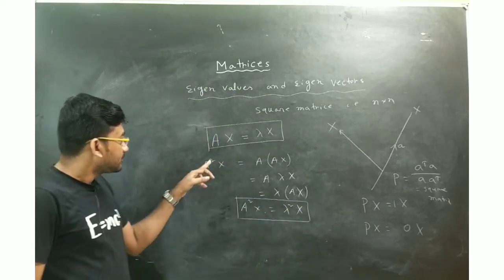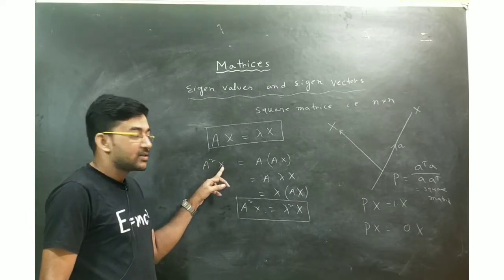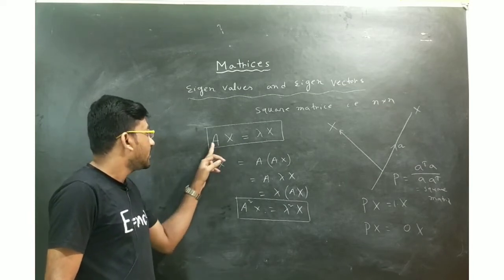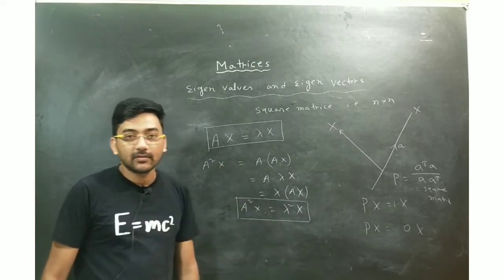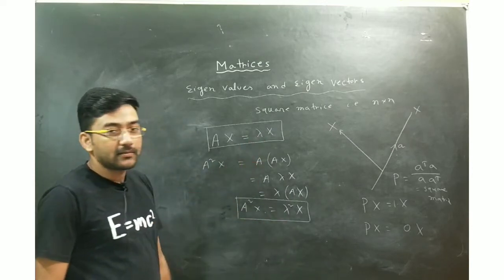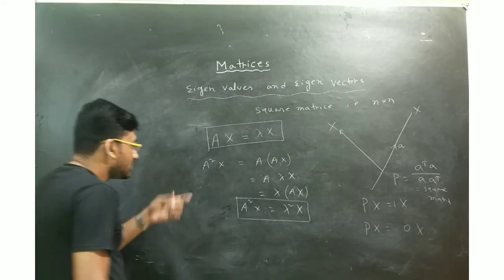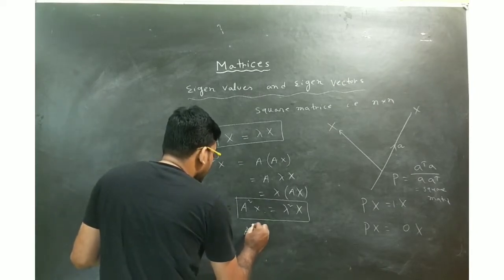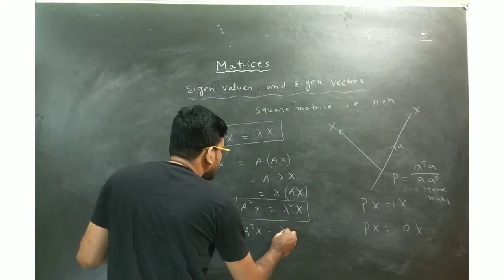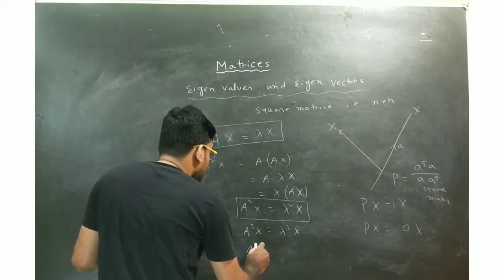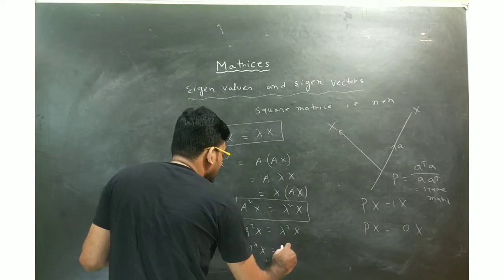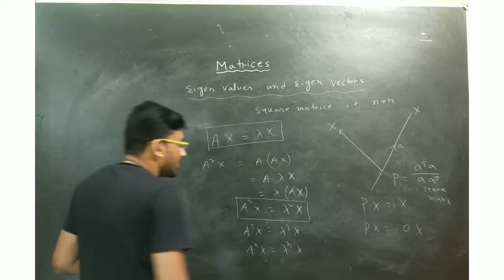Similarly, you can write that A cube x will also be equal to lambda cube x, and in general you can write A to the power n x is nothing but lambda to the power n x.